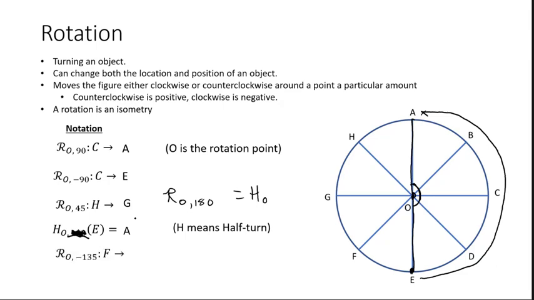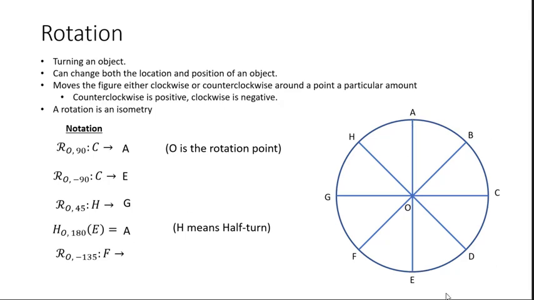Let's try one more. Here we have the rotation with O as your center of negative 135, and we're mapping F to some other point. So we're starting here with F. We're going in the negative direction, which would be this direction. Okay, and we're trying to make a 135 degree angle if you look at FO as one side. So point G takes you to 45 degrees.